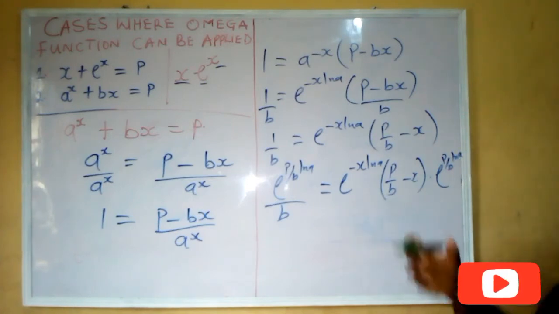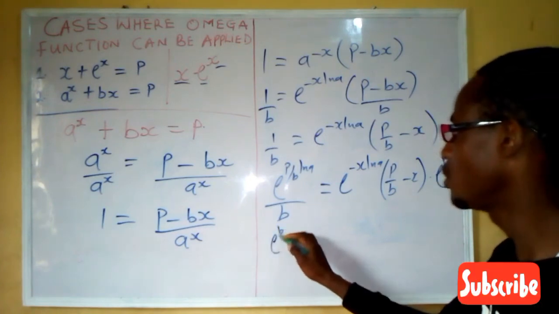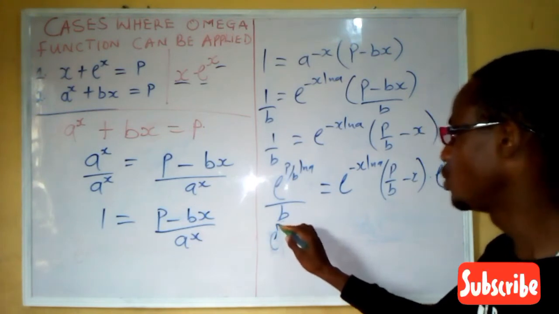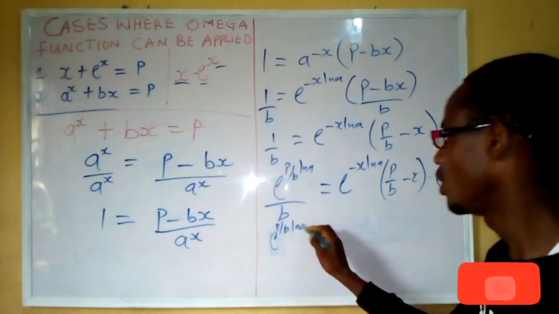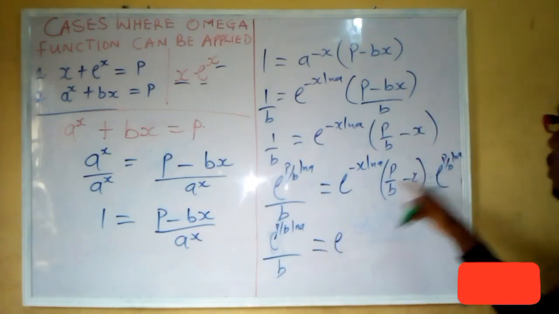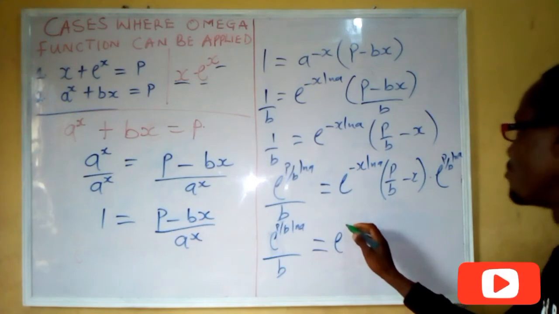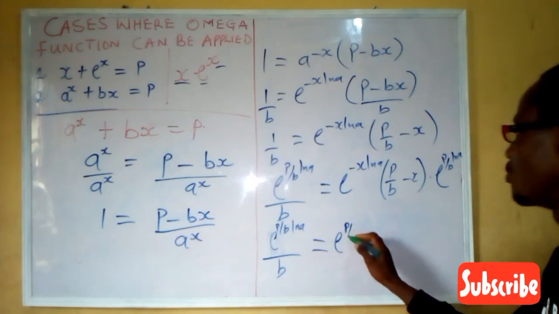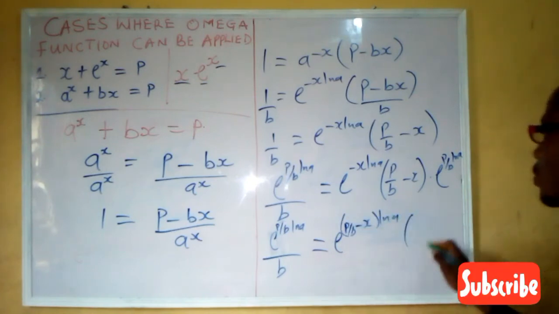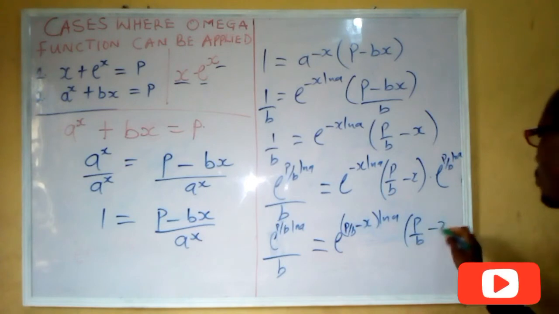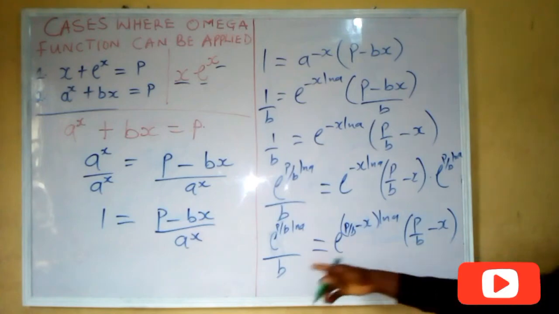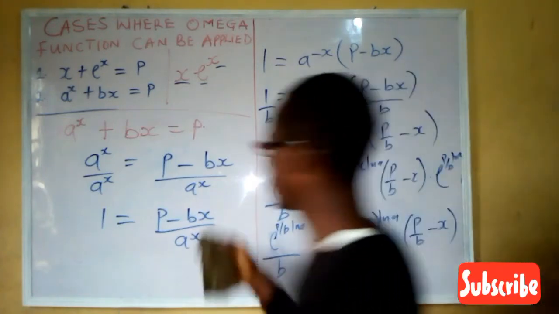This and this come together, and we are going to have e raised to the power p all over b ln a all over b equals e raised to the power p all over b minus x into bracket ln a multiplied by p all over b minus x. So as you can see, look at what I have now. This is what I have now. So let me continue on the next slide here.